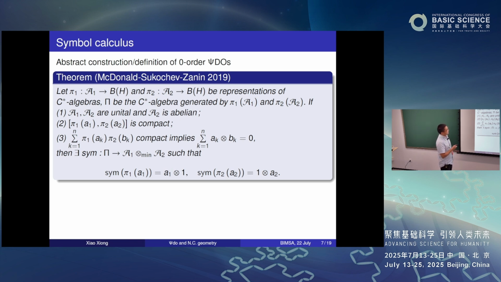Because we are talking about zero order pseudo differential operators, we just have to take A2 as the functions on the unit sphere, but not on the dual of the torus, which is the group of integers.